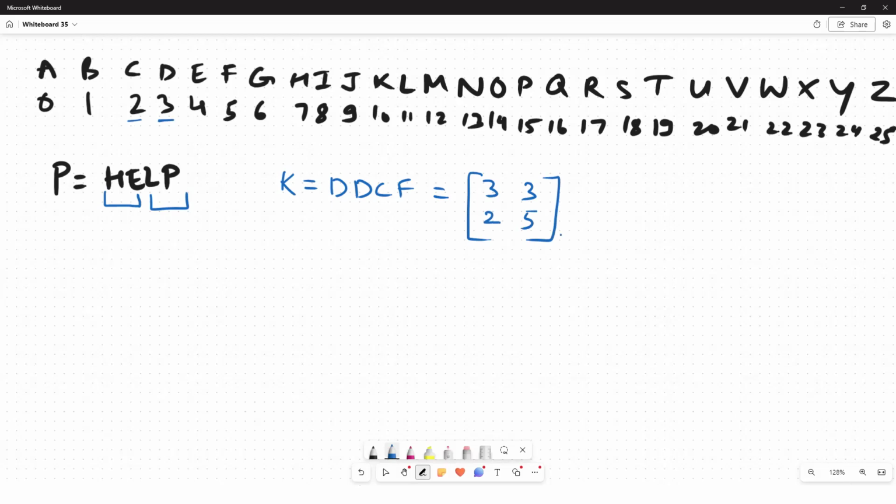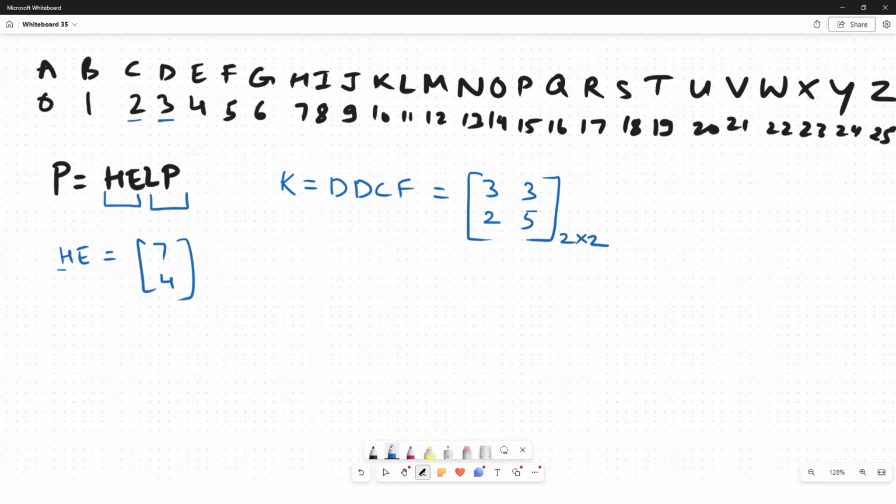Then I will take my first 2 alphabets, which in this case is H, E. So H corresponds to 7 and E corresponds to 4.